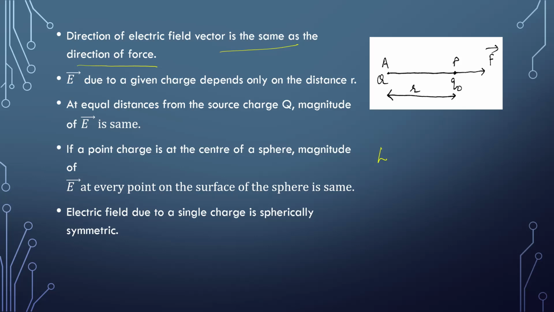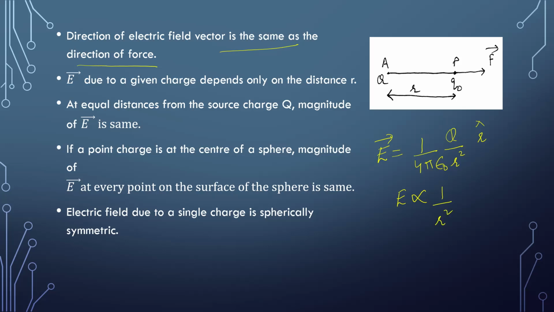E vector due to a given charge depends only on the distance r, because we have written the expression E vector is equal to 1 upon 4 pi epsilon naught, capital Q upon r square, into r cap, right? Capital Q is a charge, and 1 upon 4 pi epsilon naught is a constant.